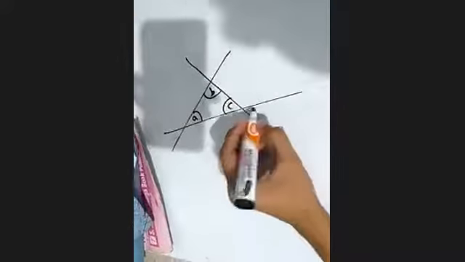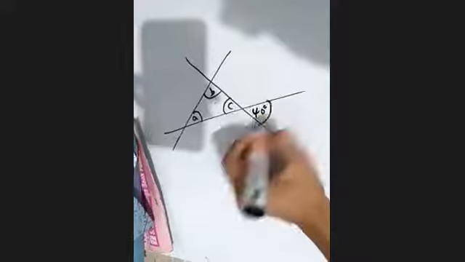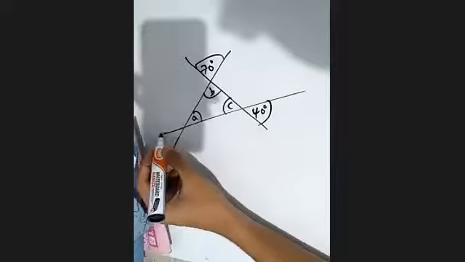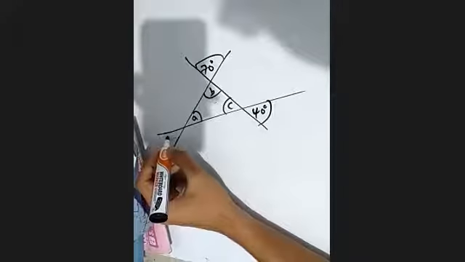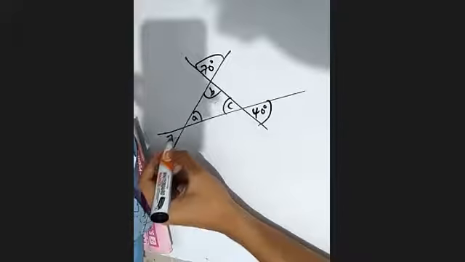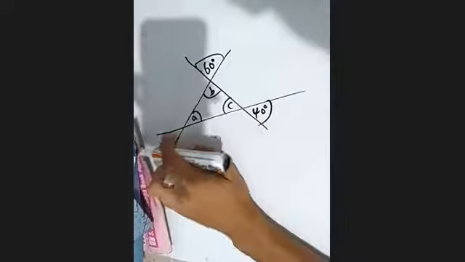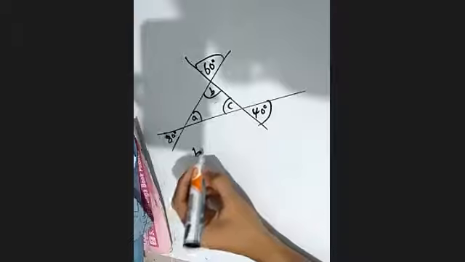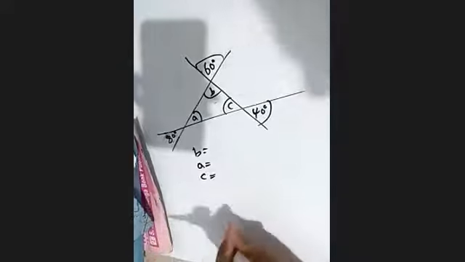Let's say this is 40 degree, 70 degree, wait, I'll make it 60 degree. Okay. So tell me the magnitude of B, magnitude of A, magnitude of C.